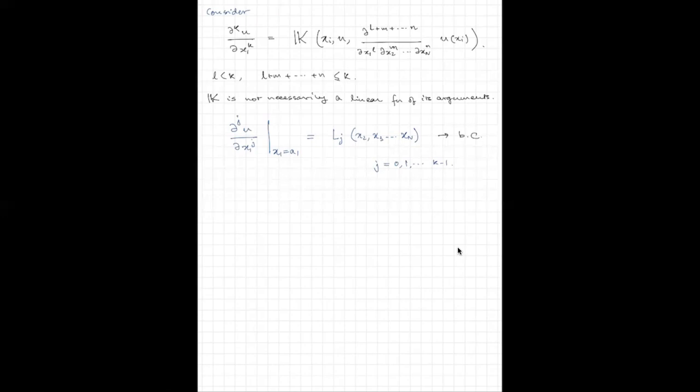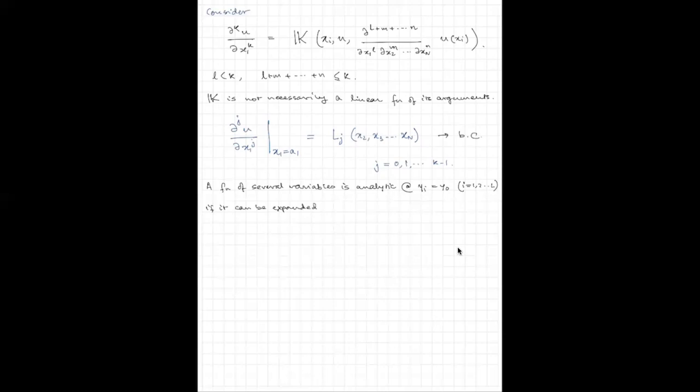Finally, a function of several variables, which is something that we have seen earlier, is analytic at a point y_i equal to y_i0, for i equal to 1, 2, up to L, if it can be expanded in a power series.